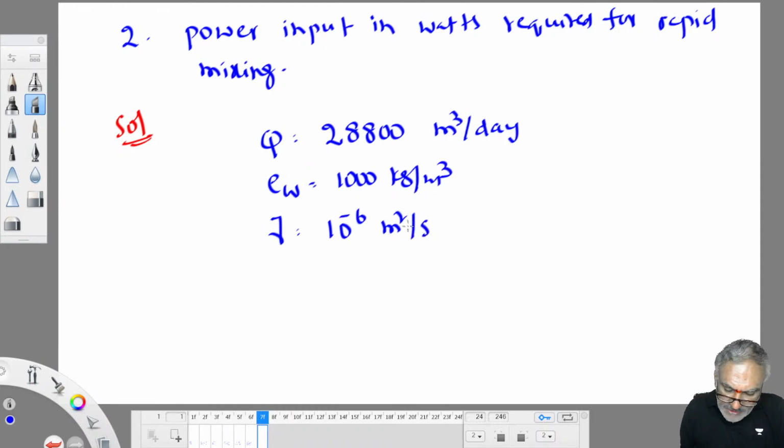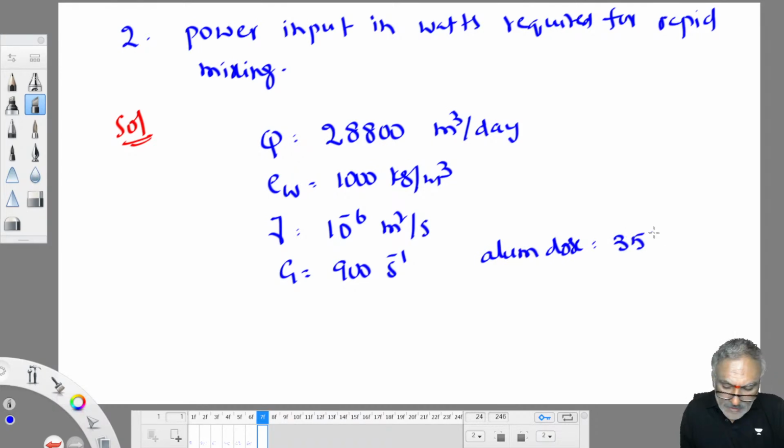Then what else is given? G value is given: it is 900 second inverse. And alum dose is given: 35 milligram per liter. And depth of tank is given as 1 meter.